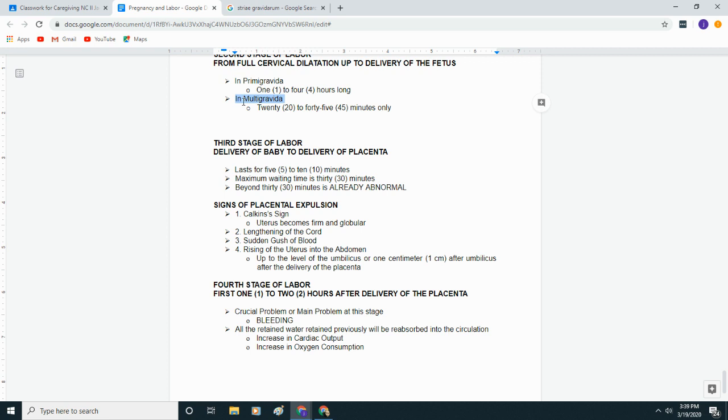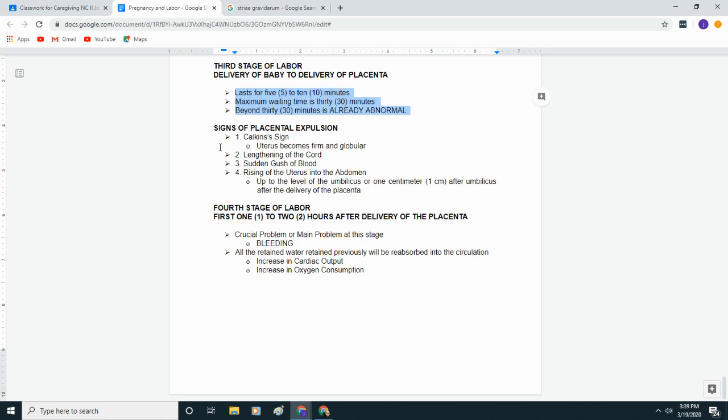Okay? Next, third stage of labor, delivery of baby to delivery of placenta. Okay? This lasts for 5 to 10 minutes. Maximum waiting time is 30 minutes. Beyond 30 minutes, it is abnormal already. Signs of placenta expulsion, lengthening of a cord, sudden gush, uterus becomes firm and globular, okay?